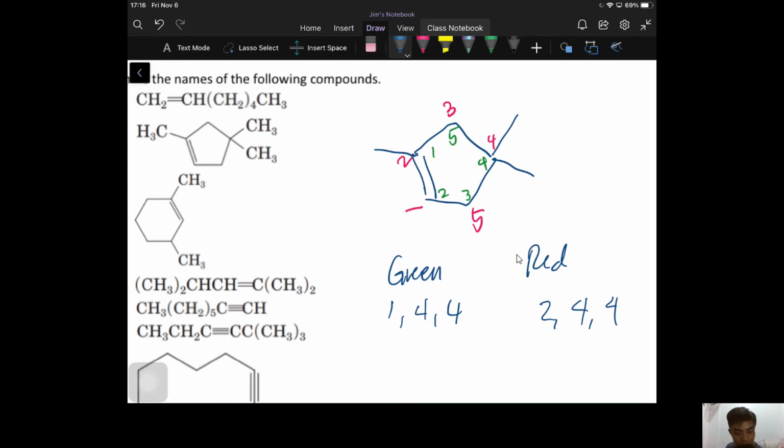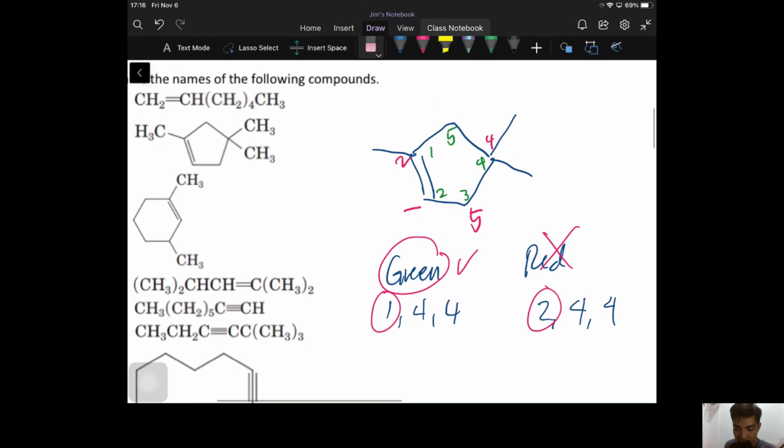Siyempre, yung 1, 4, 4 na. So, we will choose green instead of red. Bakit? Kasi mas mababa yung isang substituent number for the green. So, we will not follow the red. Green yung susundin natin.